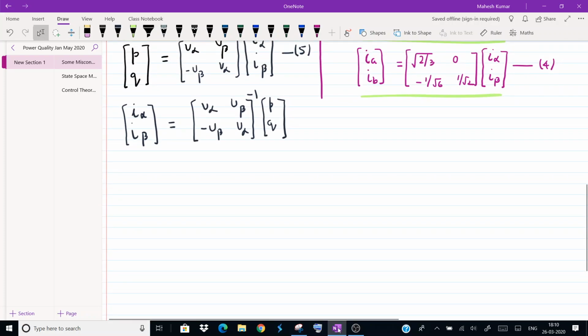The meaning is this, that it is possible to express the powers, these components, in terms of the current components.